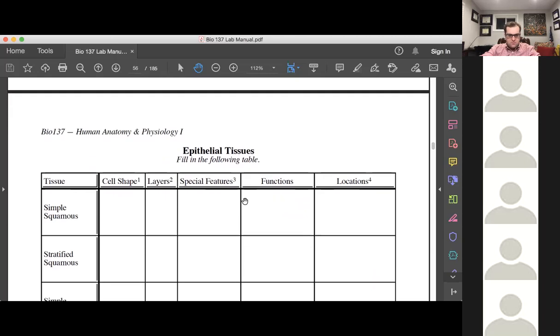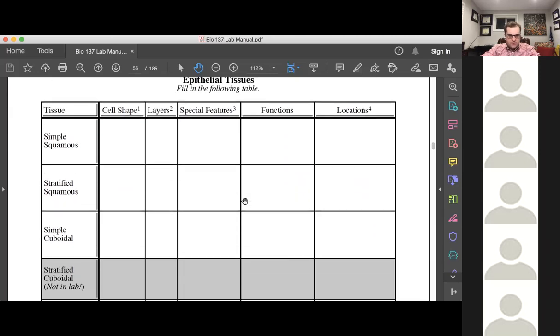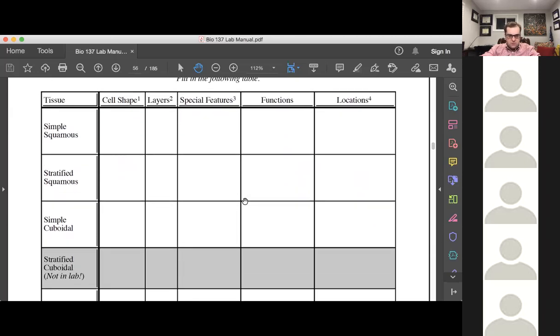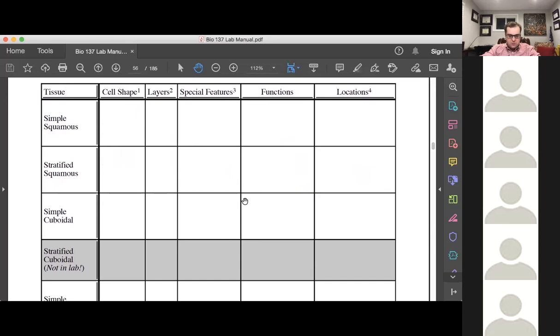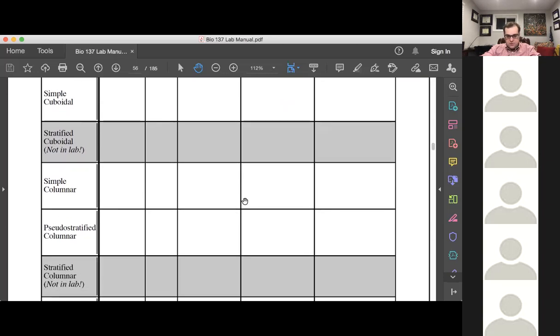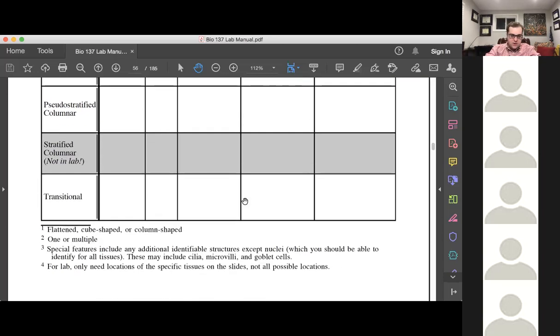Okay, now look, we even got a table for you. This will help you fill out the table, and this is like your flashcard, right? Once you have the pictures, you can go through here and label the flashcard, if you do flashcards. Some people are, some people aren't. I was never a flashcard person.